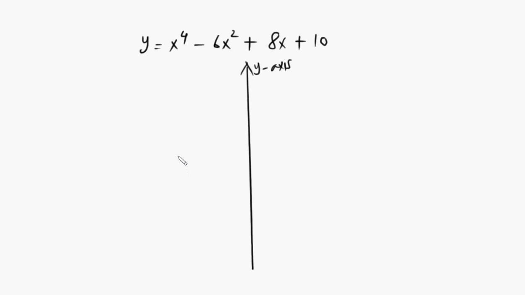Remember the y-intercept is 10, so here is 10. At x equals negative 2, we have a minimum point. At x equals 1, we have a point of inflection. So here we have the minimum point.